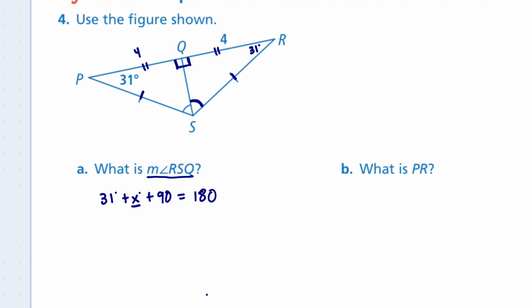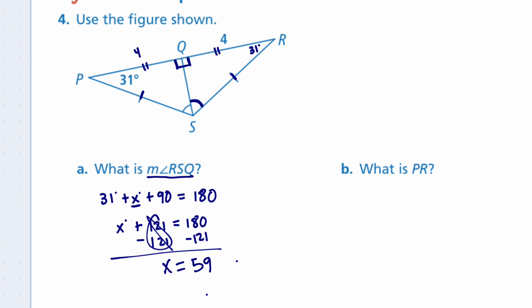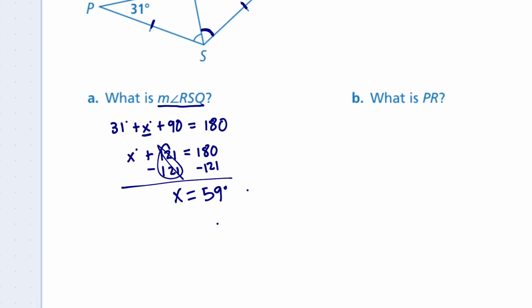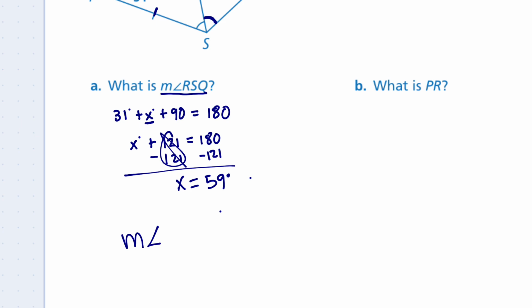Combine your like terms, and you're going to have x degrees. 90 plus 31 gives me 121, and that's equal to 180. Take away 121 from both sides, and we end up with x is equal to 59 degrees. So that means that the measurement of angle RSQ is equal to 59 degrees.